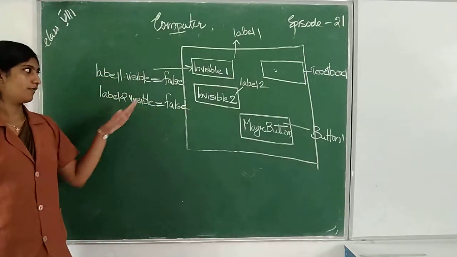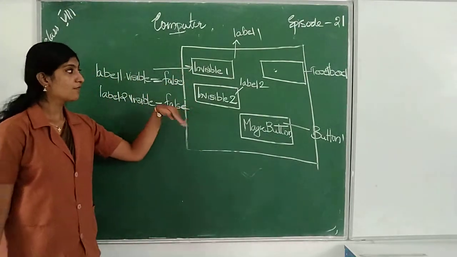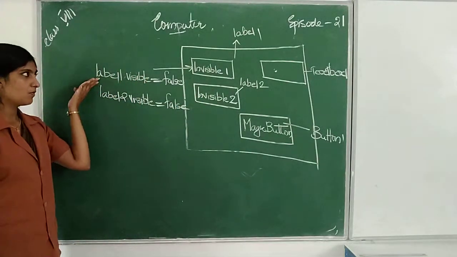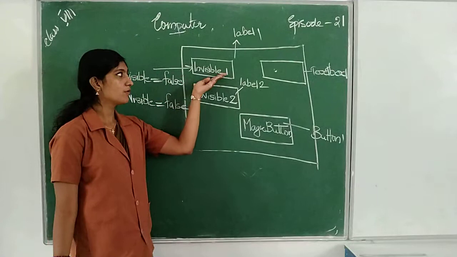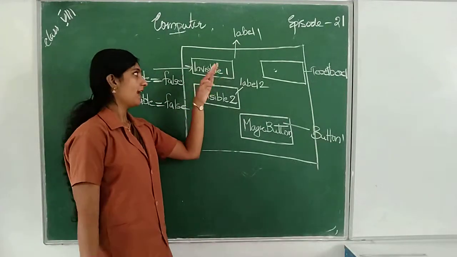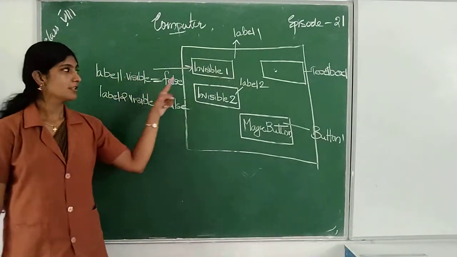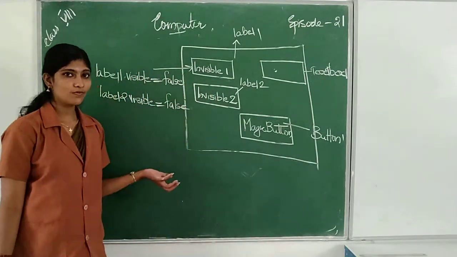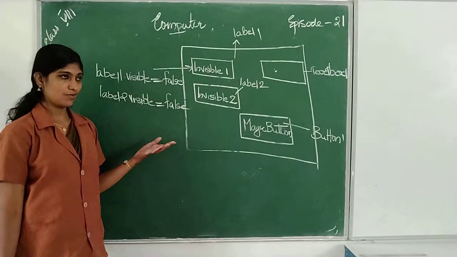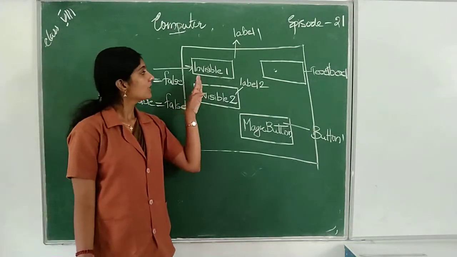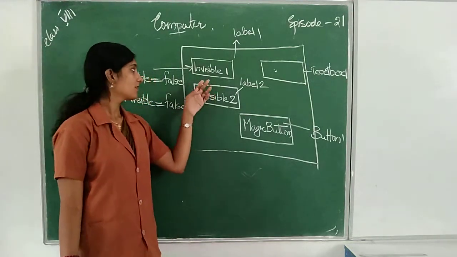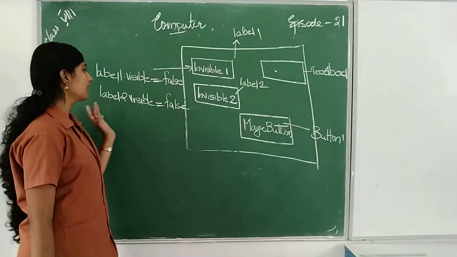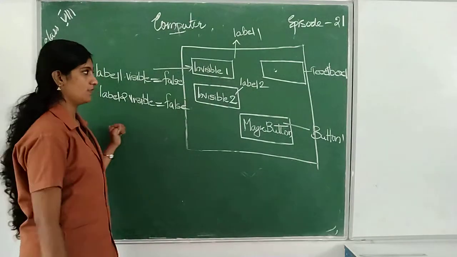So this is the code for making these two labels invisible. Label1.Visible = False means we cannot see it; if it is True, we can. Then Label2.Visible = False.